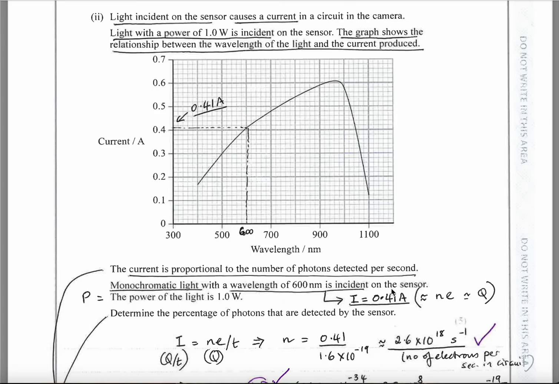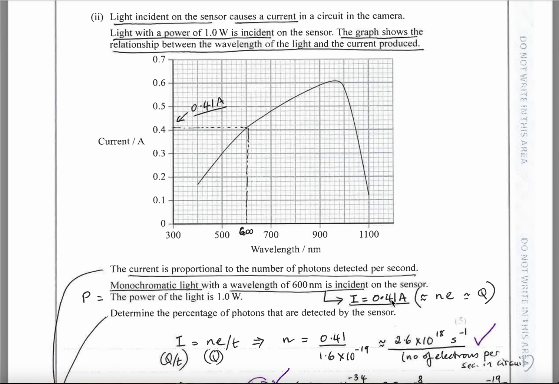All right, so on the sensor, the power is given as 1.0 watts, which is 1.0 joules per second, and this is crucial, so we're talking about joules per second. And current is 0.41 amps or 0.41 coulombs per second. So if we just analyze everything as 1 second, you'll see that the charge is going to be 0.41 coulombs if we're talking about 1 second.